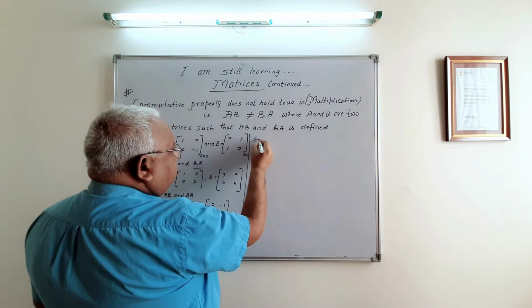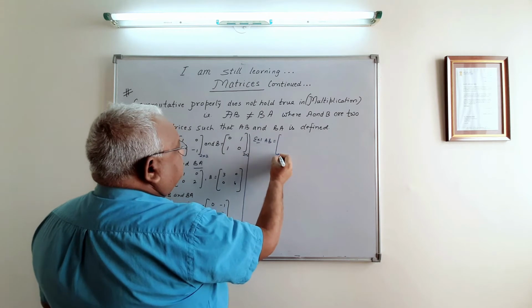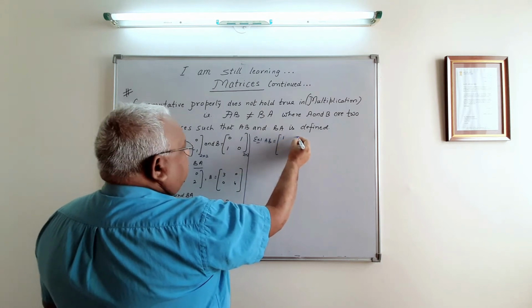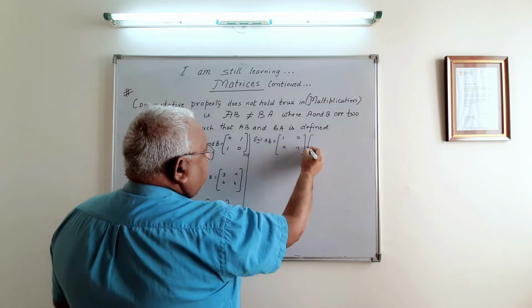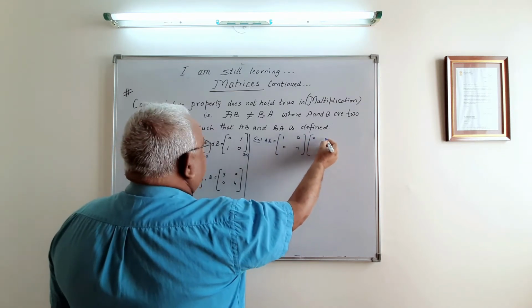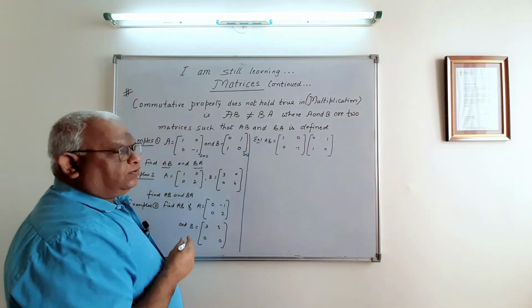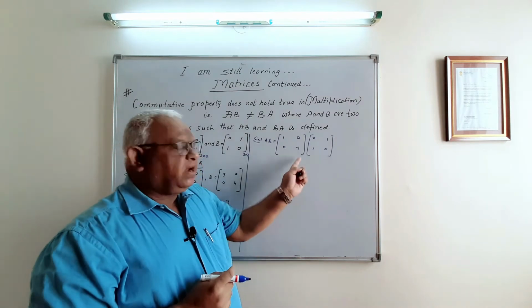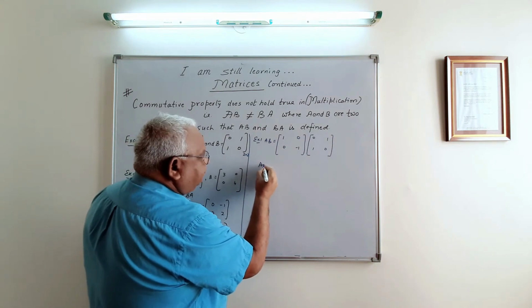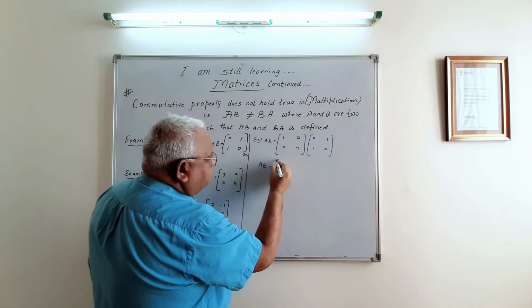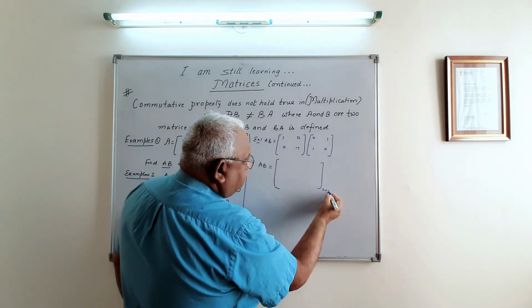So in example number 1, AB is equal to [1 0; 0 -1] times [0 1; 1 0]. Since both are 2 cross 2 matrices, the multiplication is defined. And the order of AB is also 2 cross 2.